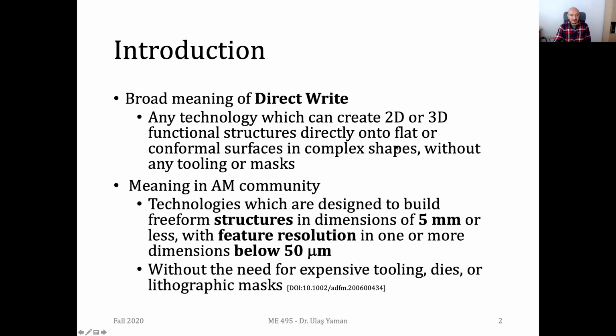In the additive manufacturing community, we consider direct write technologies as the technologies which are capable of building products with dimensions of 5mm or less. These technologies focus on smaller products, and their feature resolutions are quite high, as you see here.